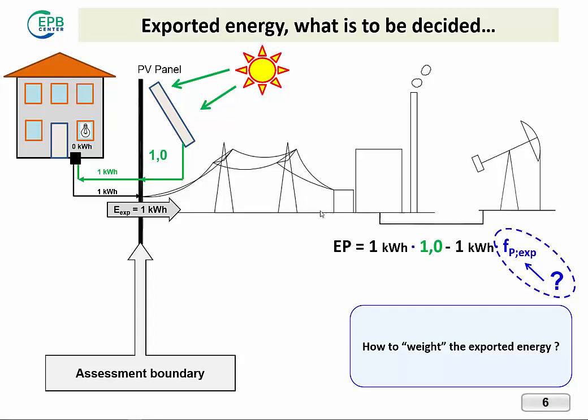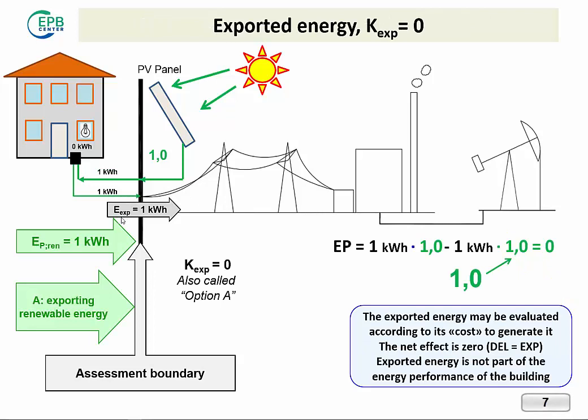The first possible point of view is rating the exported electricity according to what has been used to produce it. So in this case, this exported electricity is actually the PV electricity coming out again, and we will rate this electricity as 1 renewable. If we do the calculation in this way, this PV electricity comes in and then goes out, so the net effect on our building is 0.